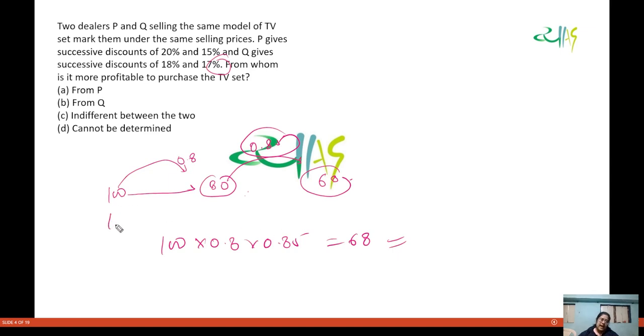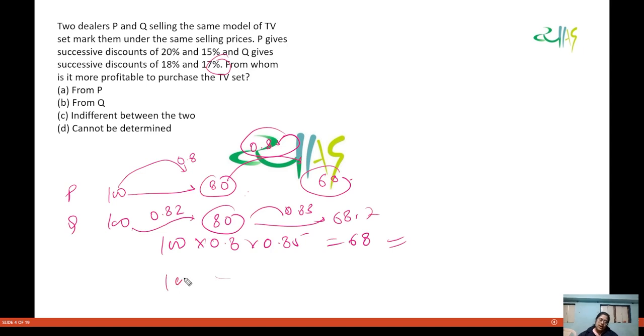The next thing is for Q, I first multiplied by 0.82, and then I multiplied this by 0.83. So I was getting 68.7. So 100 into 0.82 into 0.83, I'm getting 68.7.